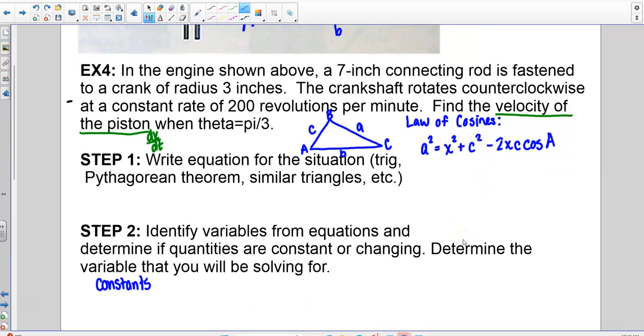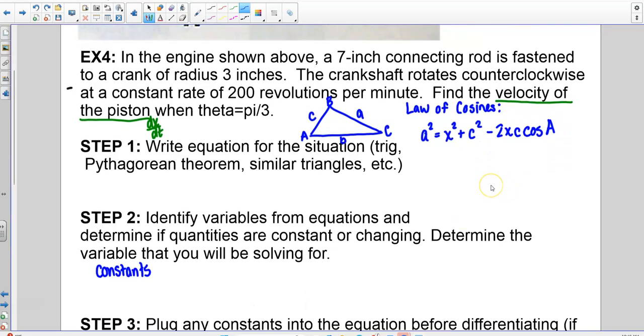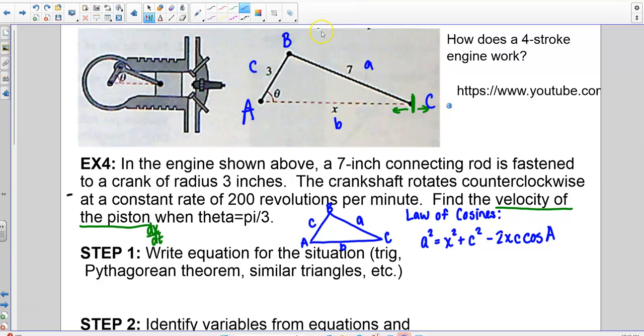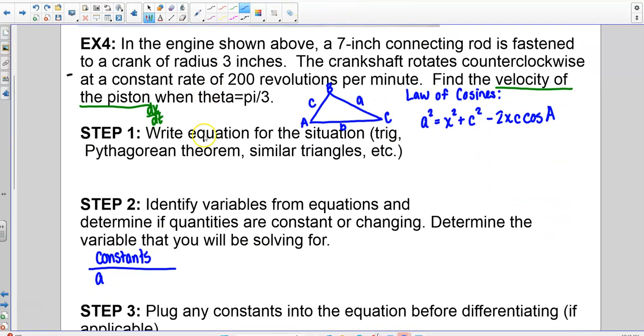All right, so my constants in this graph are that A, which is the connecting rod right here, always has a length of 7 inches.